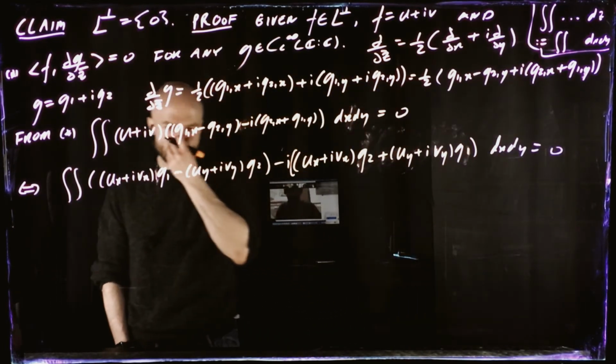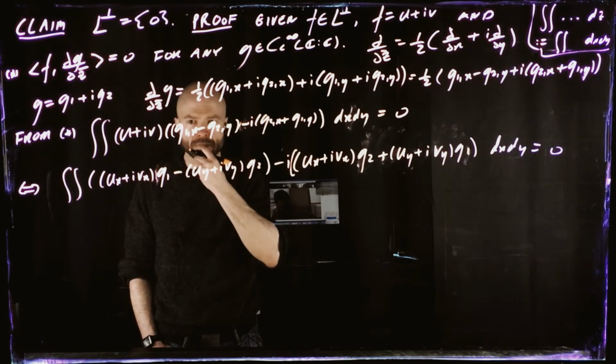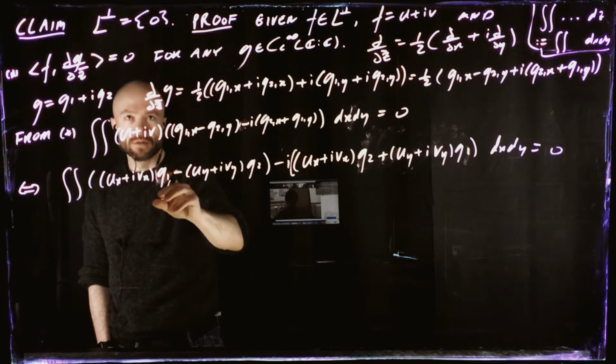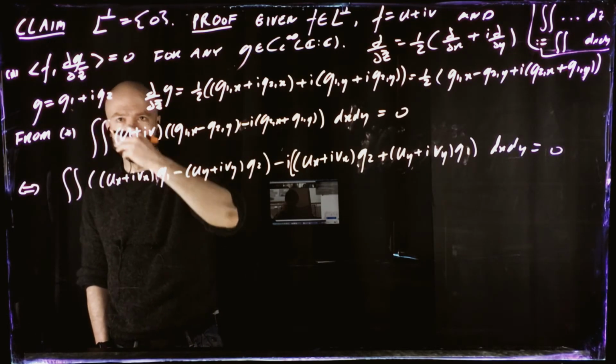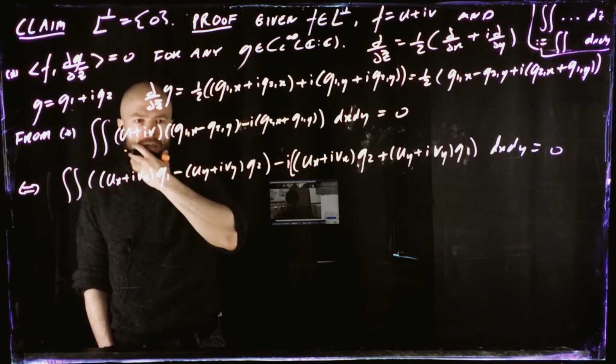Perfect. Okay, so let's look at what this gives us. This says that for any real function, or any function g whose coordinates are g1 and g2, they're C infinity. That's the only thing we care about.